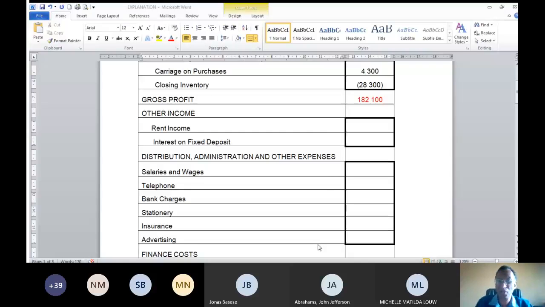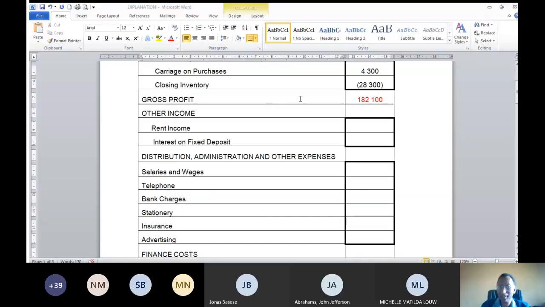And when we speak about our expenses, guys, we are differentiating between two groups of expenses. We get finance costs, at the bottom here, guys. Finance costs consist only of interest on loan and interest on overdraft. Those are our two finance costs. All the other expenses, you list under distribution, administrative, and other expenses.